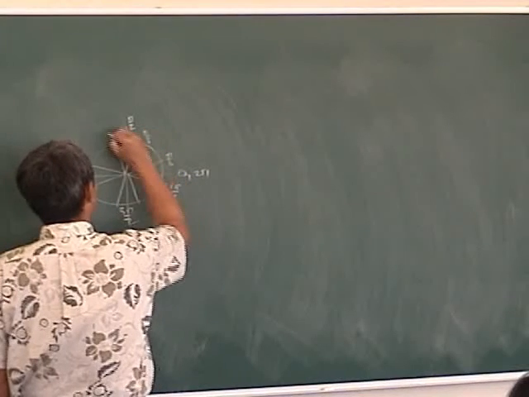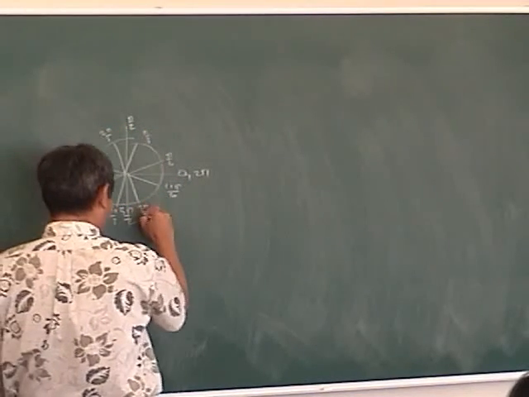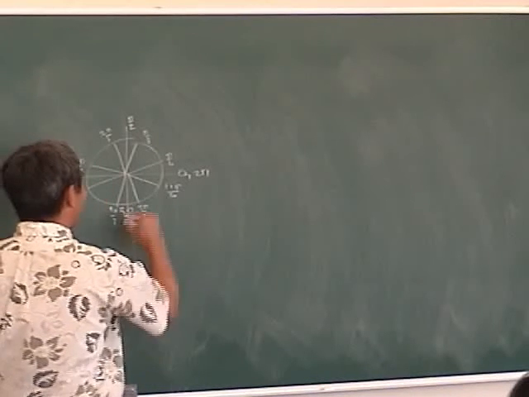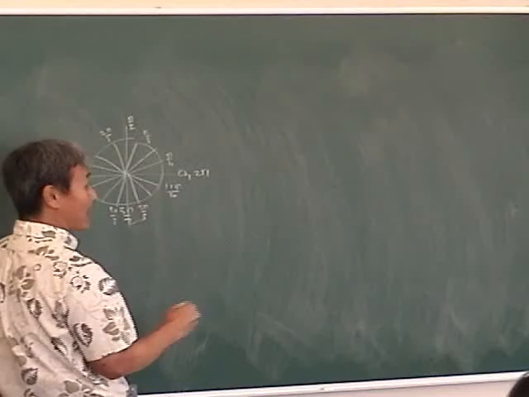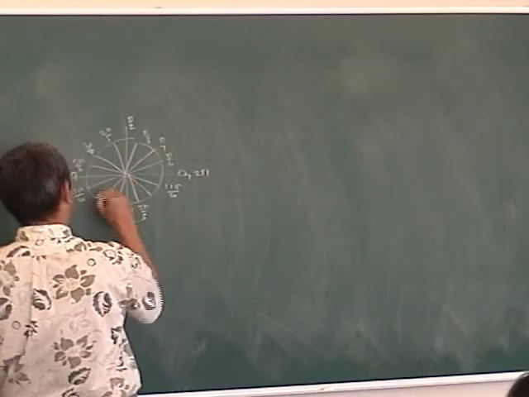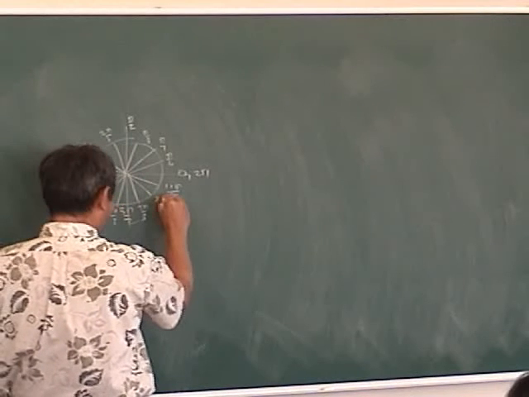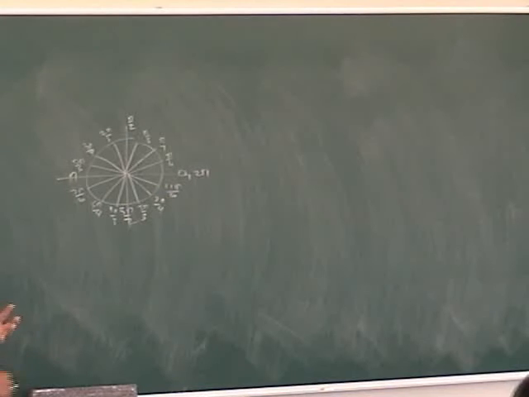Pi over 3, 2 pi over 3, 4 pi over 3, and 5 pi over 3. And then what are the ones that are right in the middle? That's the pi over 4 family, right? Pi over 4, 3 pi over 4, 5 pi over 4, 7 pi over 4. See, if you can do what I'm doing, then it's like nothing.